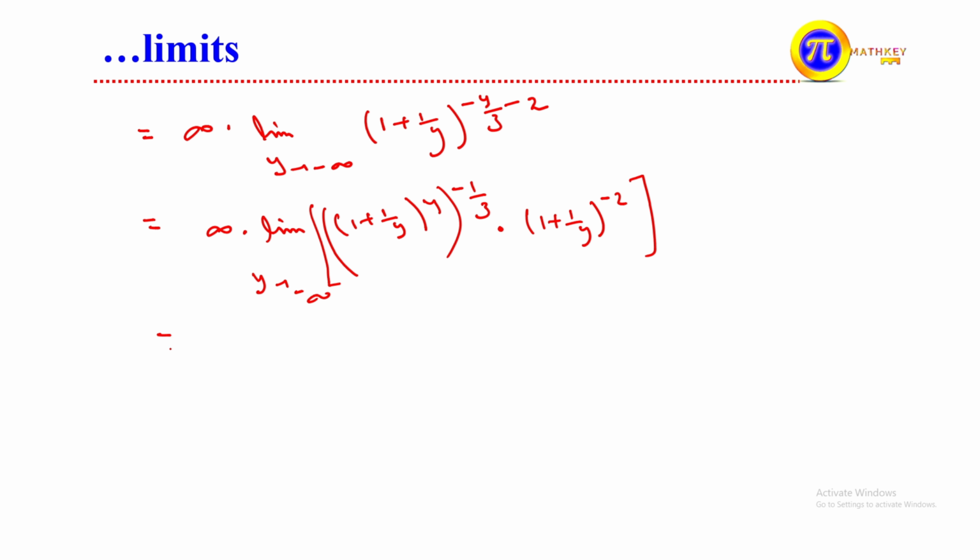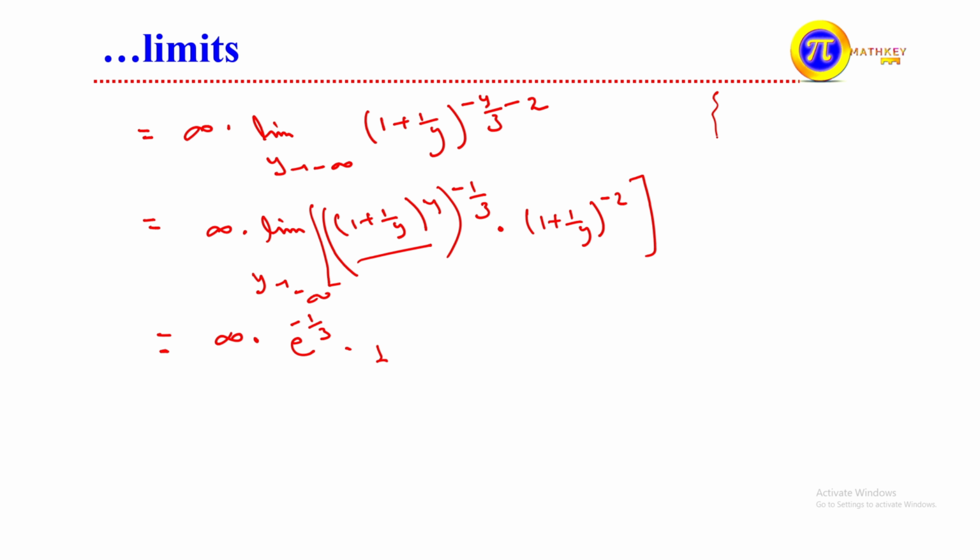This is equal to infinity times the value e, which we are familiar with. This is e to the power of negative 1 over 3, times the limit of 1 plus 1 over y, which as y goes to negative infinity becomes 1, so 1 to the power of negative 2 is still 1.